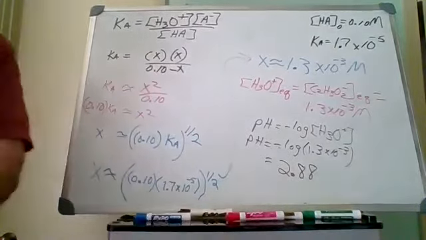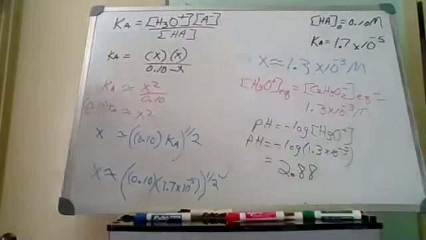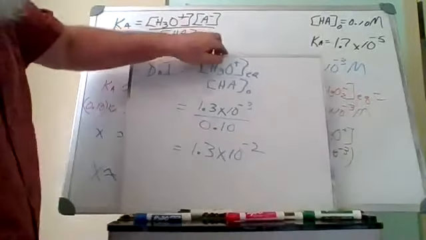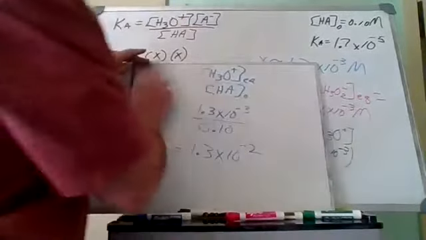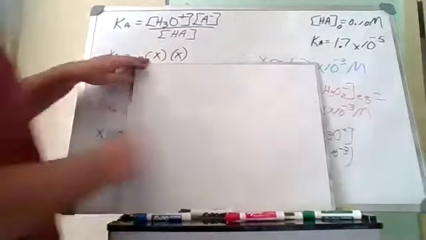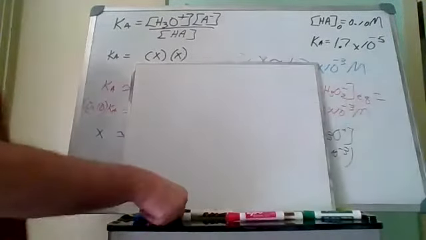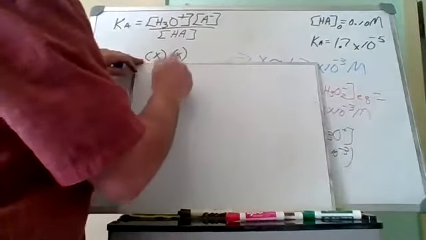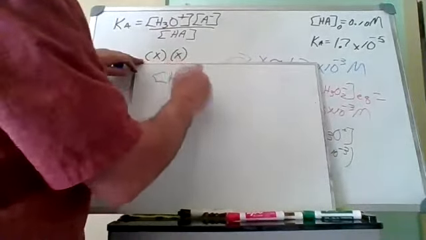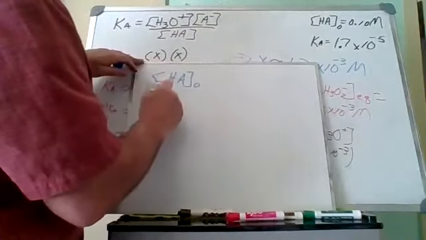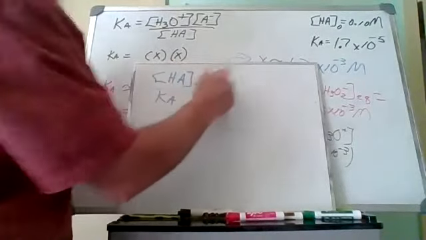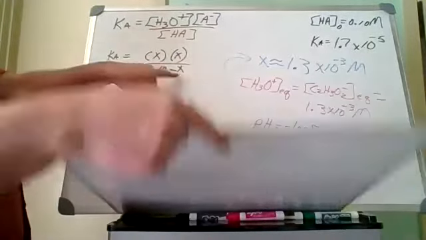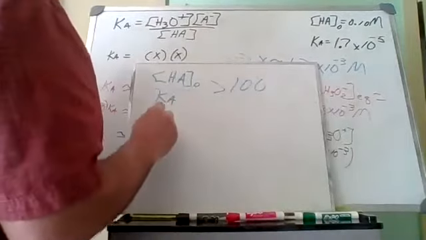So let's calculate that. I'm going to do it on the small board here. If you're working a problem, you should always check this. If the starting concentration of the free acid divided by Ka is bigger than 100, you're justified in dropping this X here.